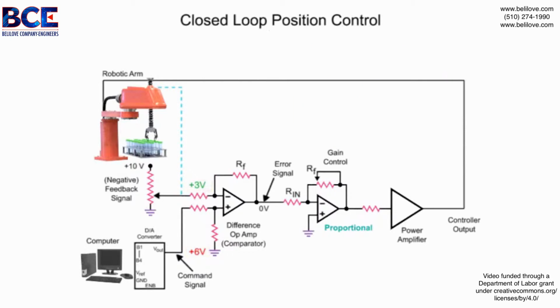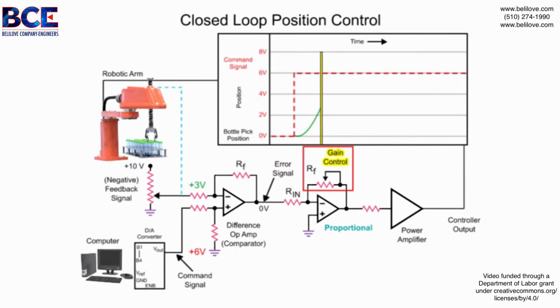To increase the response time of the robotic arm to the command signal, the gain of the proportional amplifier can be increased. Increasing the gain of the op-amp has a disadvantage where the robotic arm overshoots the targeted position. When this occurs, the feedback signal is greater than the command signal.